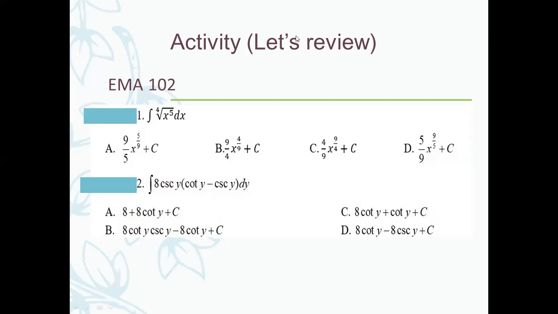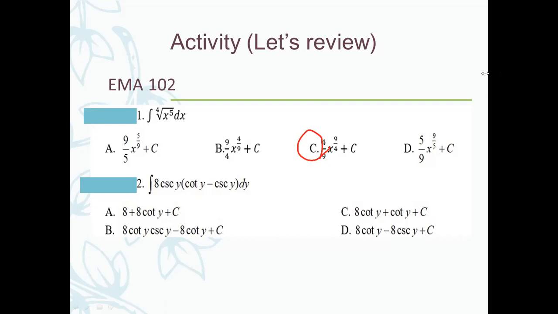Okay, it's letter C. Number 1 is letter C. And what about number 2? Number 2. So Ken, Gio, Ernest, Cholo, Nika, Bobby, C. Okay, what about number 2?